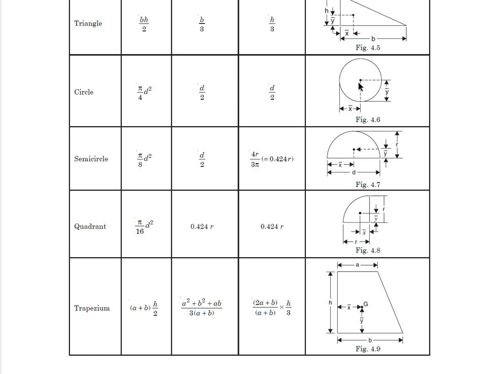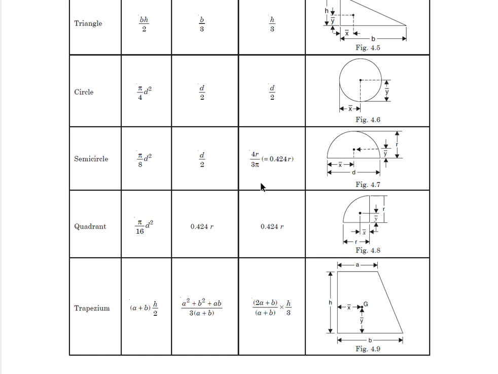For the circle it was simple, in both x and y it is at a distance of d by 2, but here, because it is a semicircle, the location is somewhat above the 0 0 position, given by 4r divided by 3 pi.